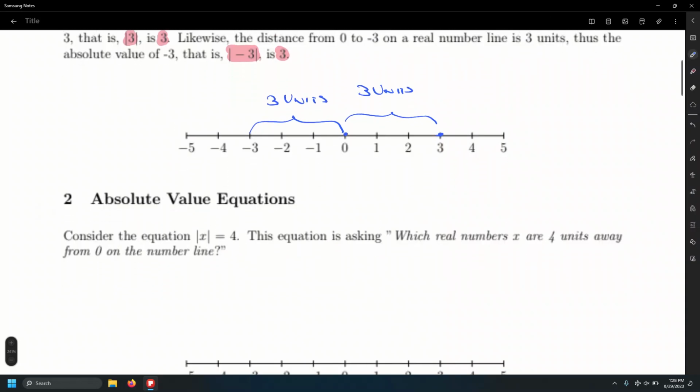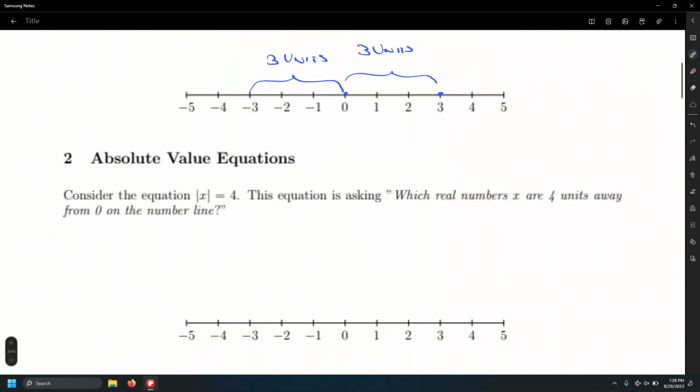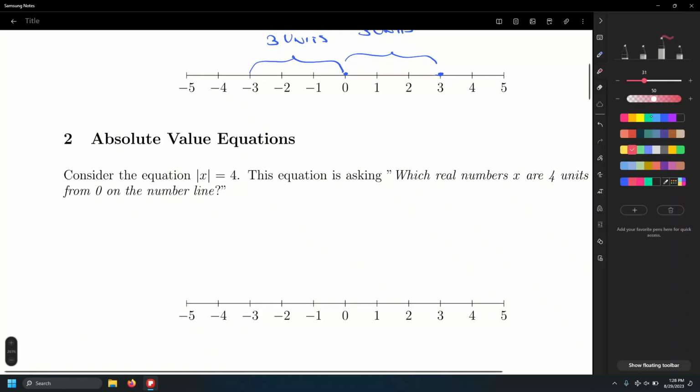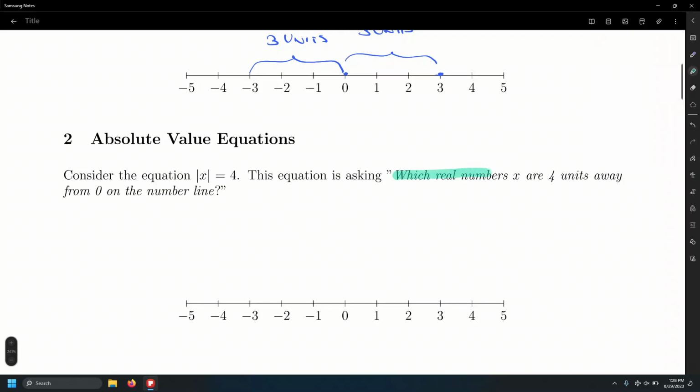In the meantime, let's look at an absolute value equation. Consider the equation absolute value of x equals 4. What is this equation asking us for? This equation is asking which real numbers x are 4 units away from 0 on the number line.